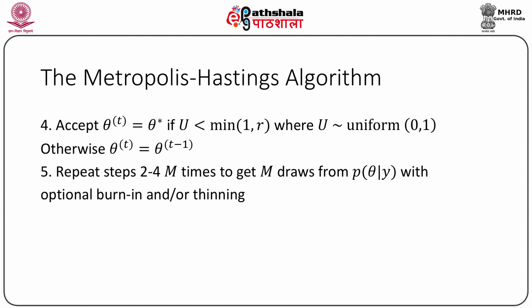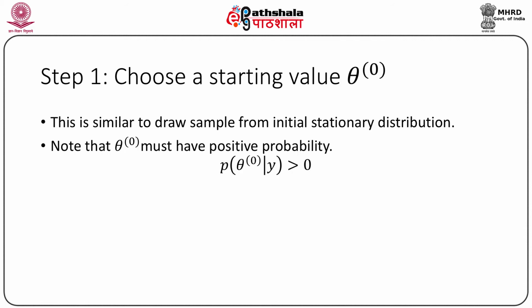We repeat steps 2 through 4 m times to get m draws from p of theta given y, with optional burn-in and/or thinning. Note that theta 0 must have positive probability, that is, the probability density evaluated at theta 0 given the data y should be positive.